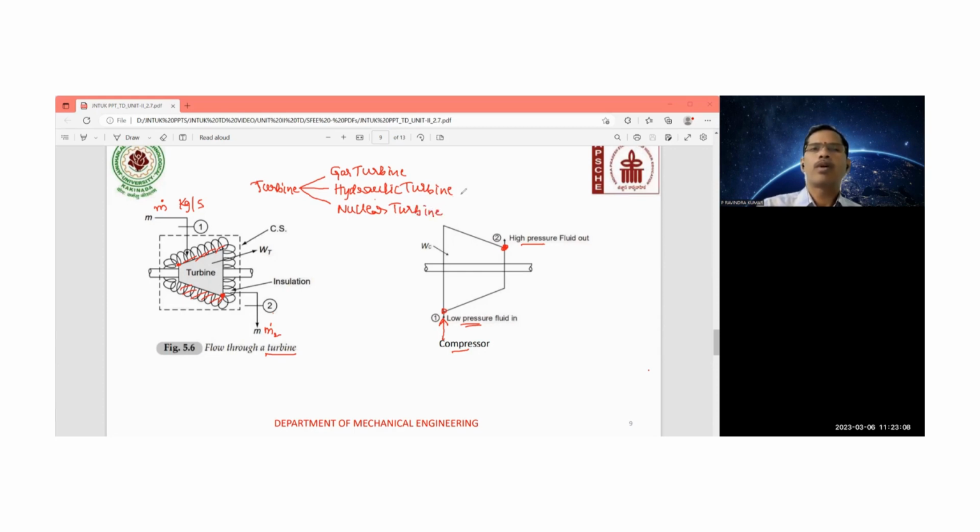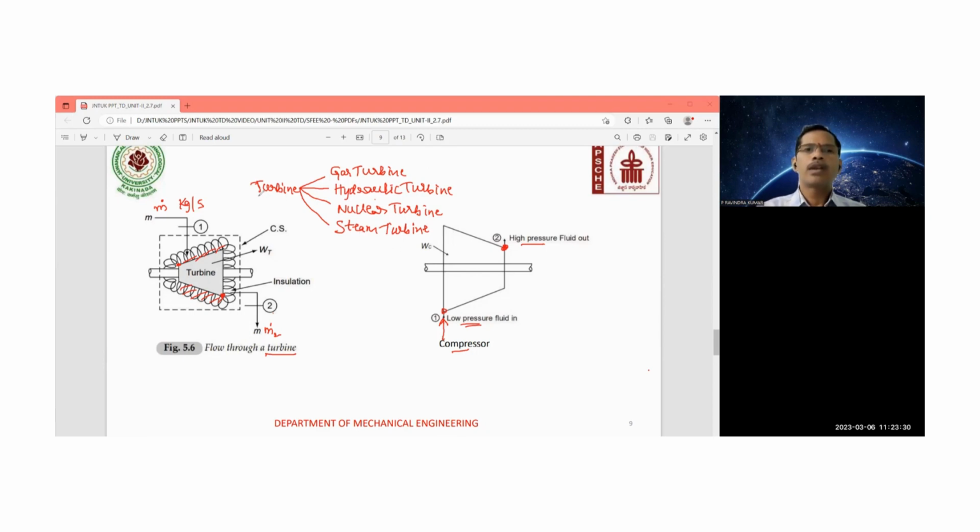Hydraulic turbine means hydropower plant, gas turbine means gas turbine power plant. Whatever the turbine may be, there are these different varieties: gas turbine, hydraulic turbine, nuclear turbine, steam turbine.